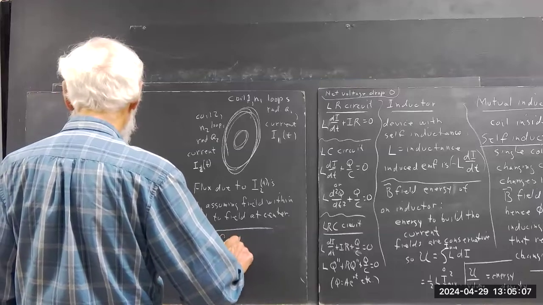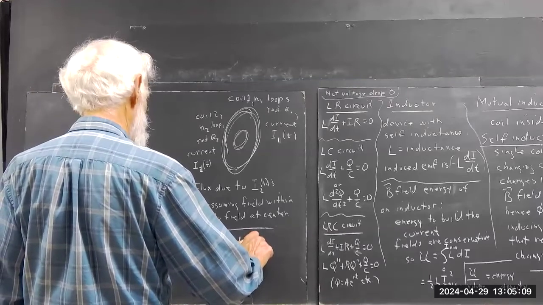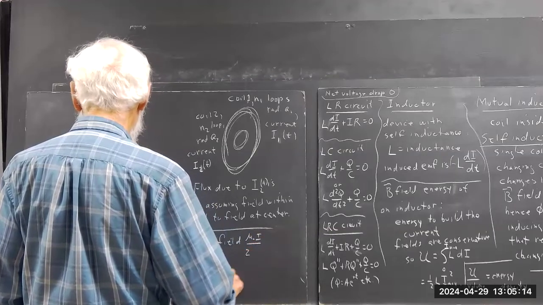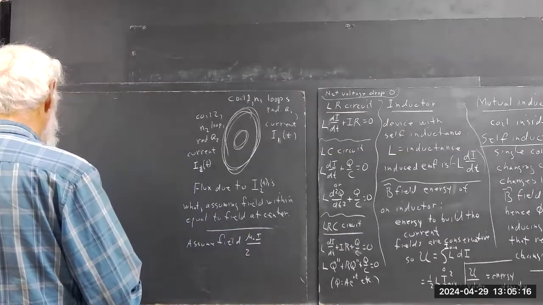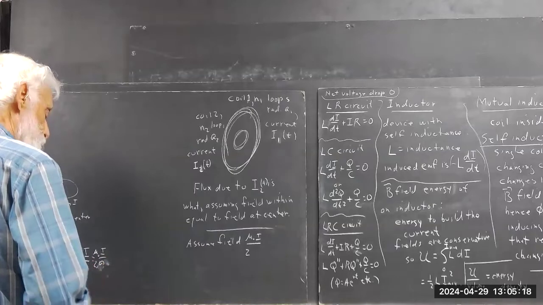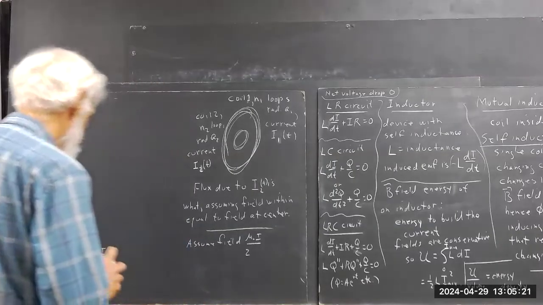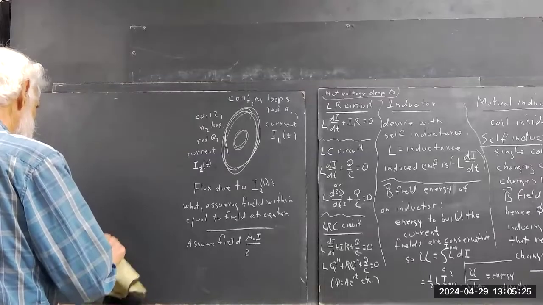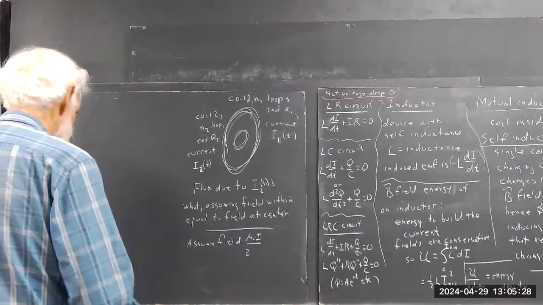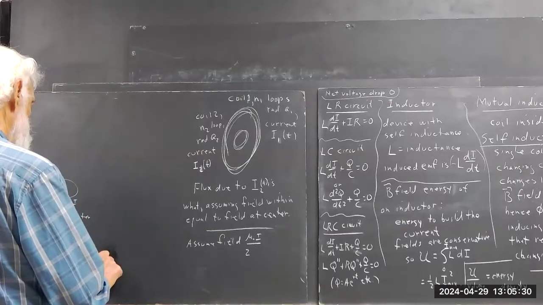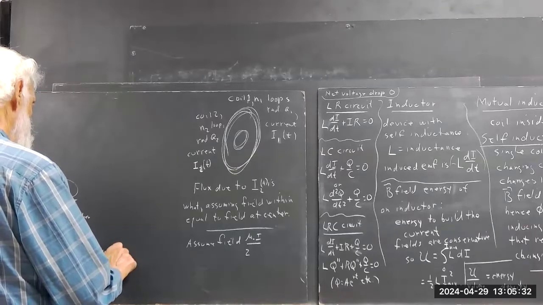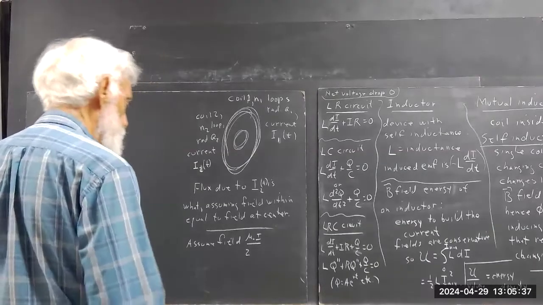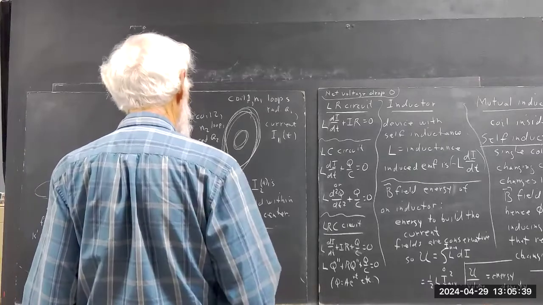We assume the field is mu naught I over 2A.